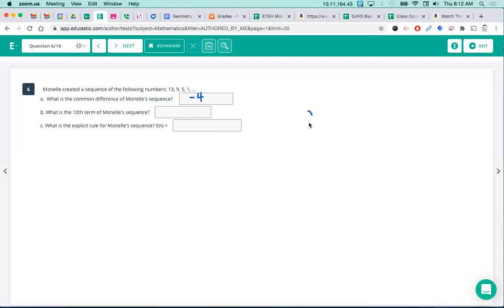So C, we got f of n equals the first term, 13, plus or minus your common difference. So we got minus 4 times n minus 1. Okay, so 13 minus 4 times n minus 1.